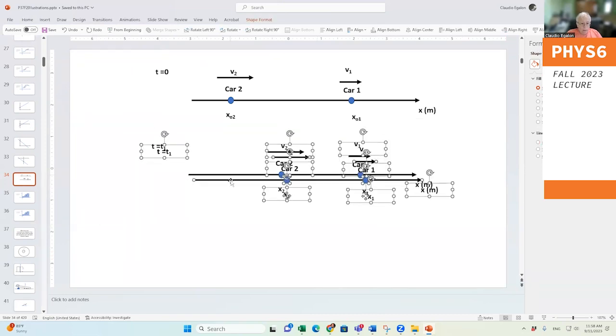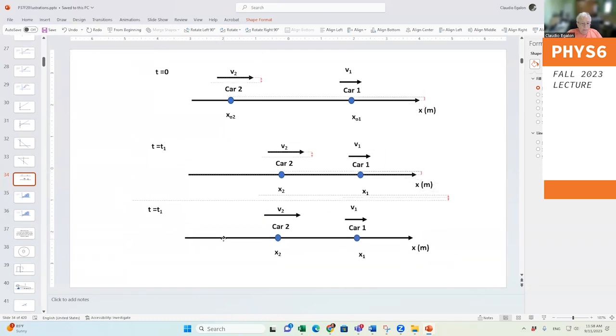Eventually, car 2 is going to catch up with car 1. I'm going to displace it a little bit down, so you can see that. Here, better, right?